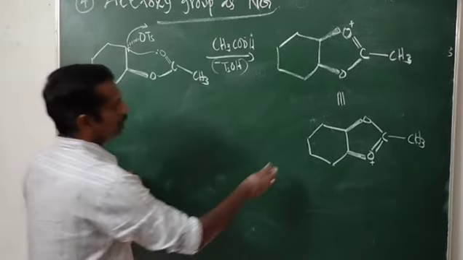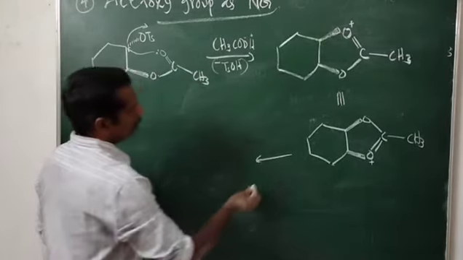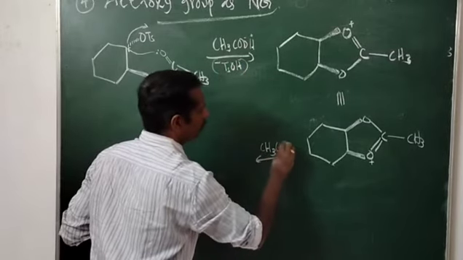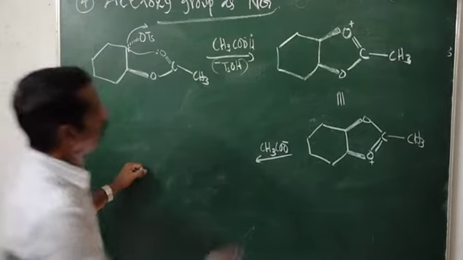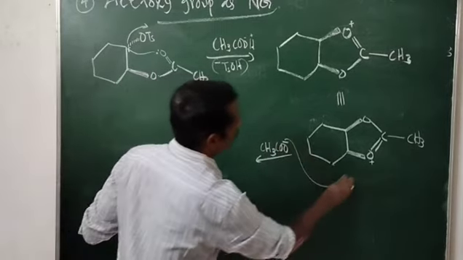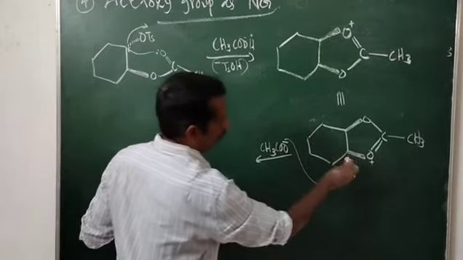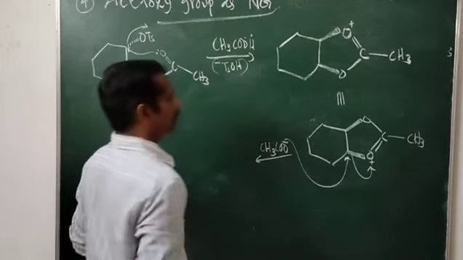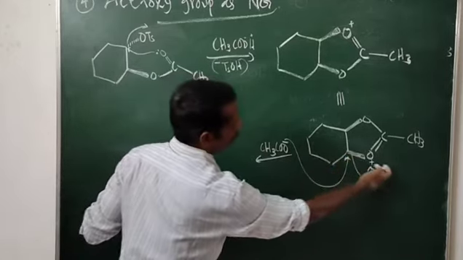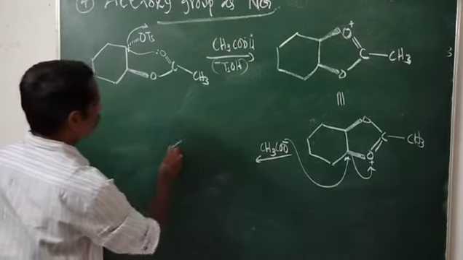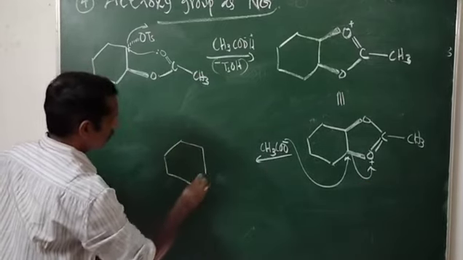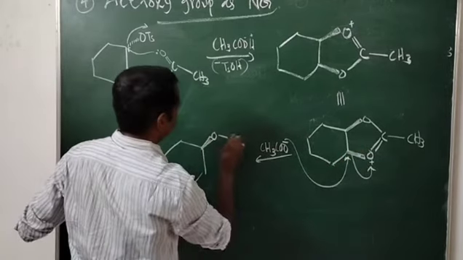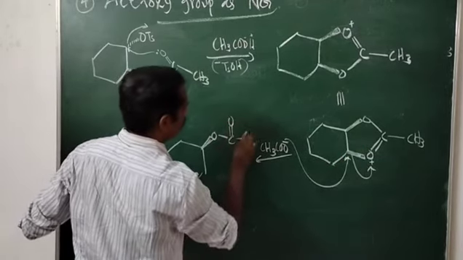And now in the next step, you can see that our external nucleophile, CH3COO minus, is attacking this carbon from the back side. Then what will happen? The bond will break and shift to oxygen. That means this group is becoming free. So here it is O, then C double bond O, CH3.